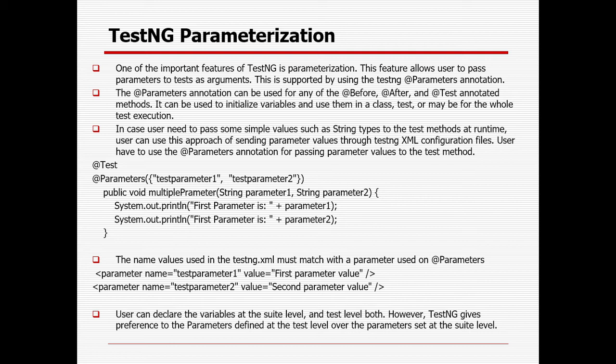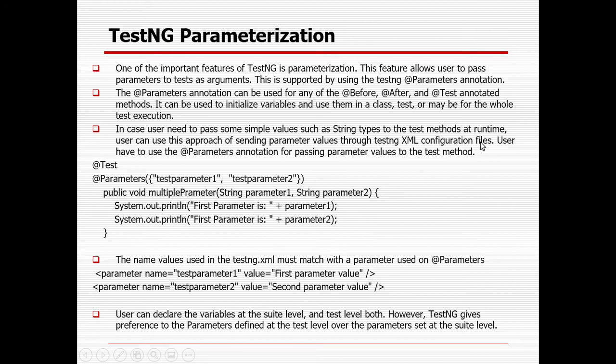The @Parameters annotation can be used with any @Before or @After annotated method. It can be used to initialize variables and use them in a class, a test, or the whole test execution. In case the user needs to pass some simple value such as a string type to the test method at runtime, the user can send the parameter value through the XML configuration file.